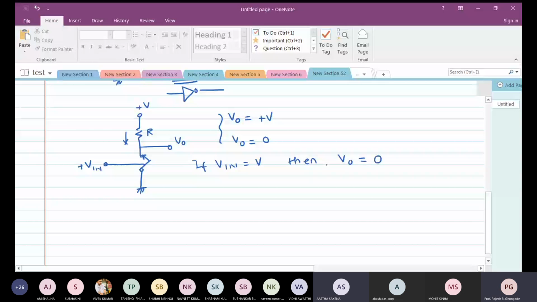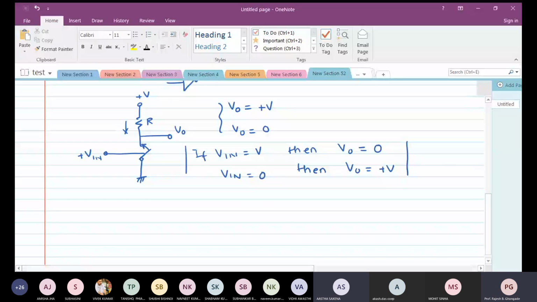If V in is 0, then V out is plus V. Is this condition clear? So if V in is a positive voltage, then V out is 0.